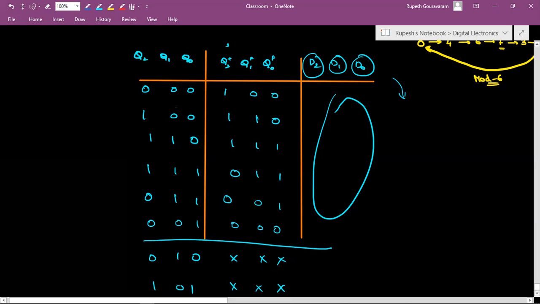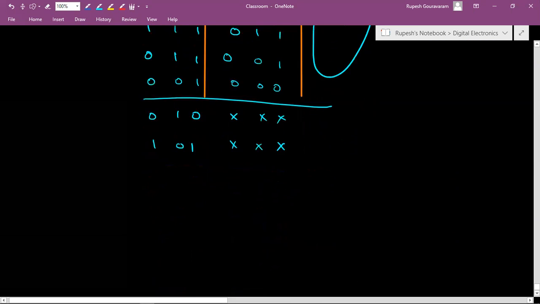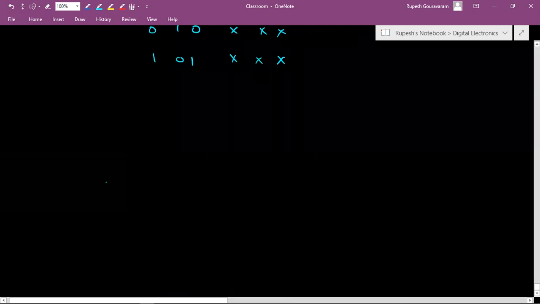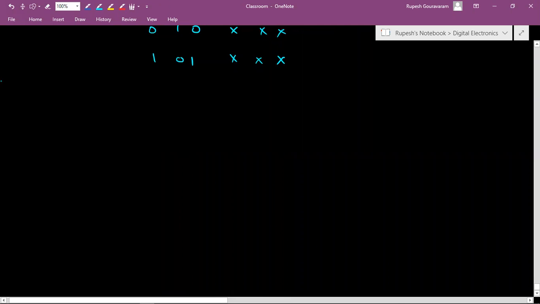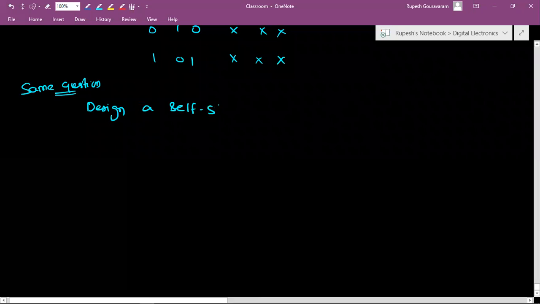Suppose same question they have asked with counter, with self-starting facility. So if same question they have asked to design a self-starting counter, with the sequence given below.